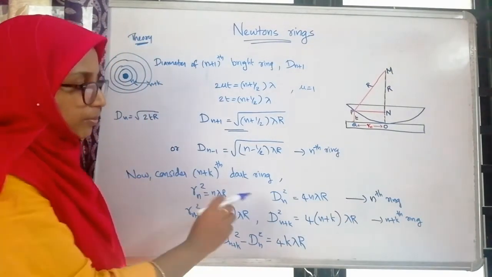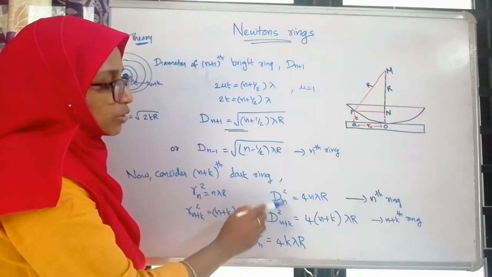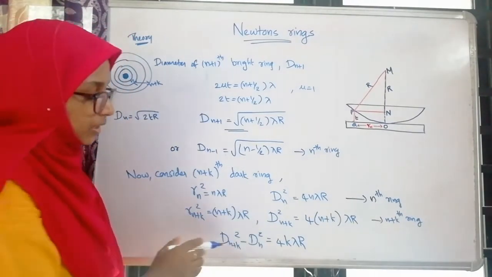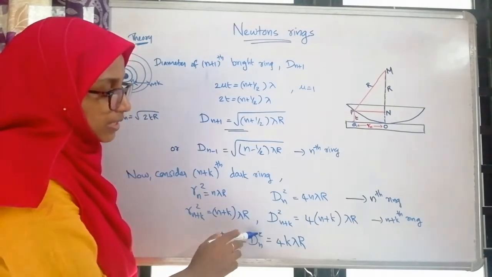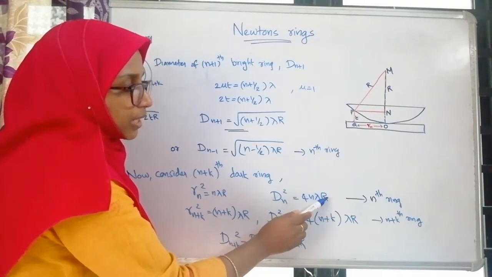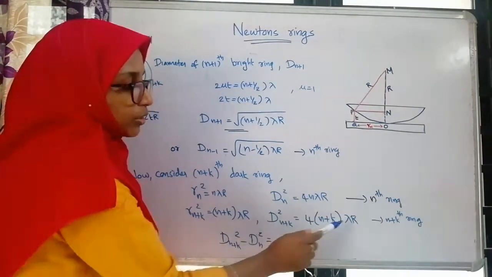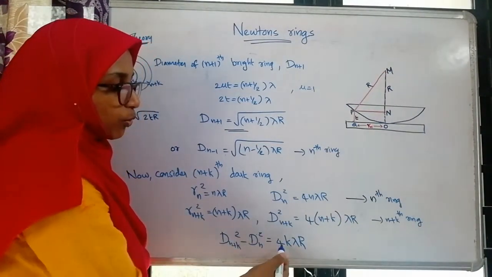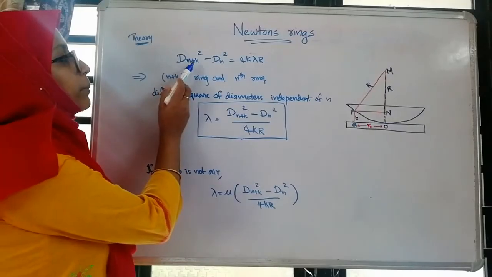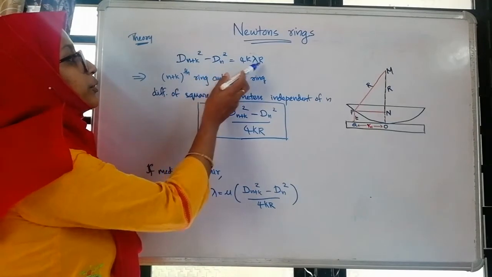From this we can find the difference between these two diameters, that is the nth ring and the n plus kth ring. Dn plus k square minus Dn square is equal to 4 into n plus k lambda R minus 4n lambda R. Then the 4n lambda R gets cancelled, and the remaining will be 4k lambda R. We got Dn plus k square minus Dn square is equal to 4k lambda R.